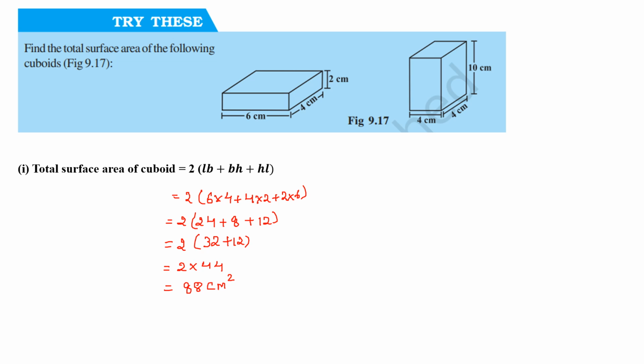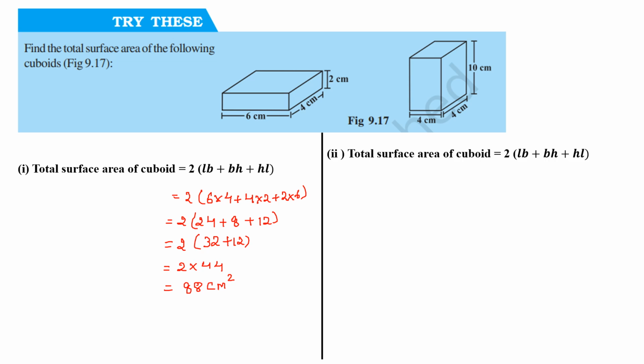Now you have to find the total surface area of the second figure also. So from here again you can write length and breadth is the same, which is 4 and 4. So I am writing both as 4 into 4. Then 4 into 10 because height is given as 10, and then again 10 into 4.